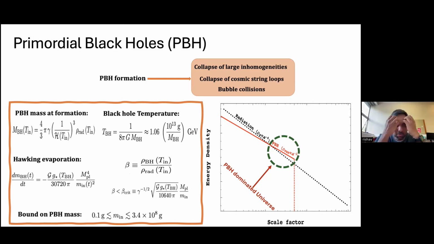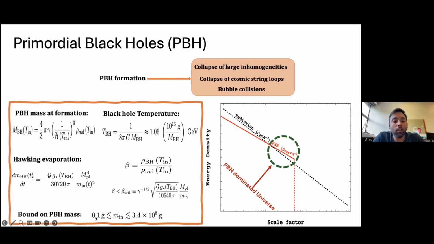Now, these PBH masses are constrained, as Arvind was saying, that PBH can evaporate many particles. So it can also evaporate light particles. The PBH evaporation should not alter the BBN constraint. So actually, BBN gives an upper bound on the mass of PBH, which is around 10 to the power of 8 grams.